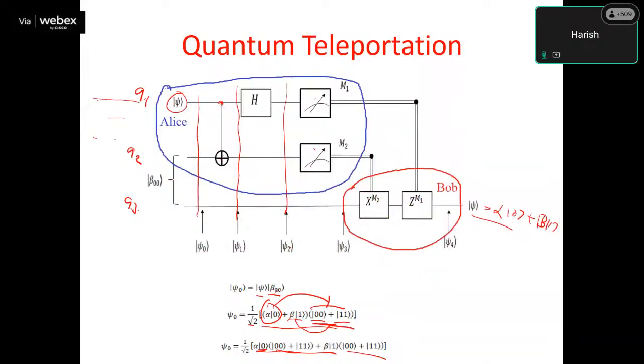So at the end of the protocol, suppose Alice measures 00, then you need not apply anything. Psi 3 has become psi only. Whenever these two are 00, X to the power 0 is 1, Z to the power 0 is 1, basically identity, so you don't apply any gate. And q3 has already become psi, that is alpha times 0 plus beta times 1.